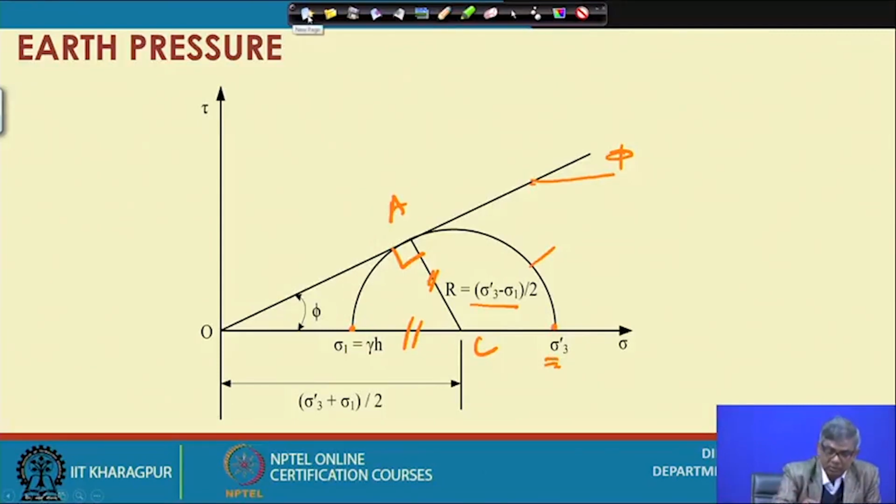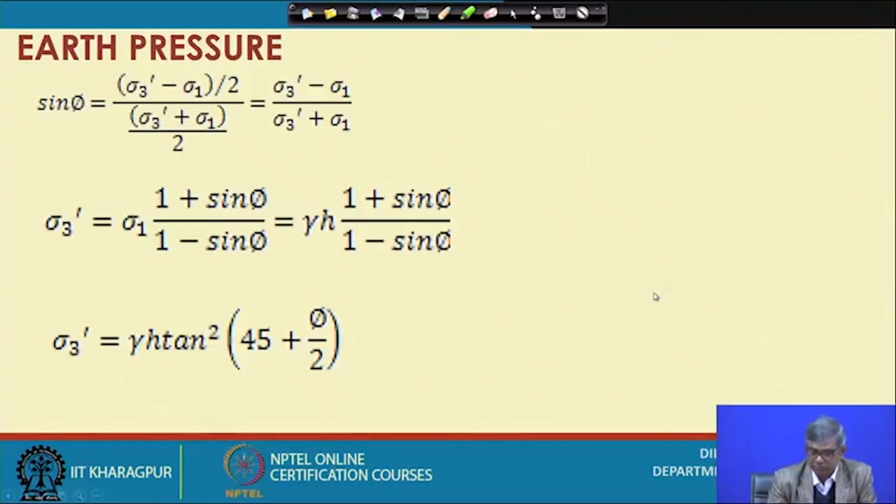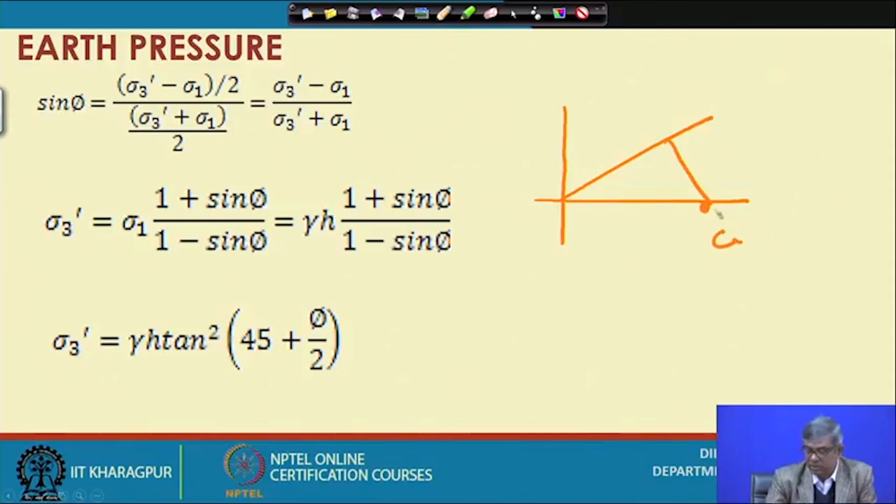If I want to do that, you can see now sin phi will be equal to this radius by this distance. This I have already shown. So, if I have this one and this one, this is the center of the circle, and this is the right angle, and this is actually sigma 3 dash minus sigma 1 by 2, and this one is sigma 3 dash plus sigma 1 by 2.